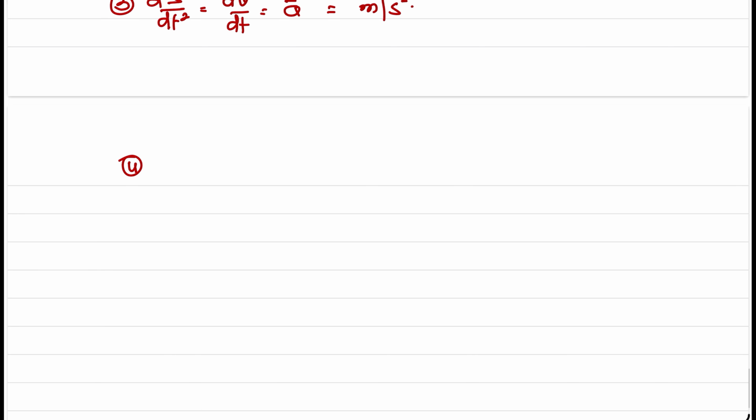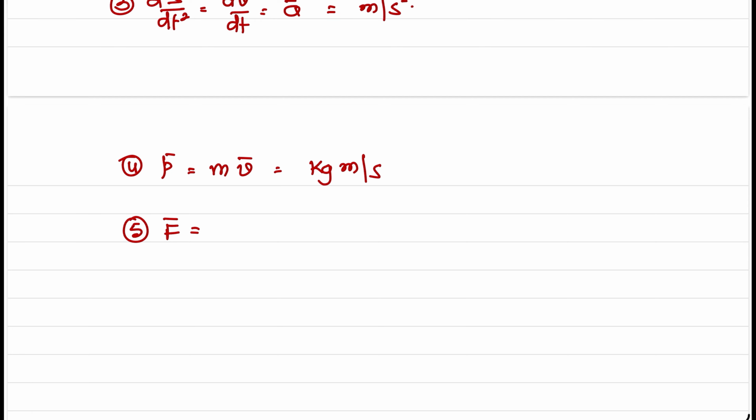Fourth, force, instead momentum we will take. P bar is equal to m into V, that is equal to kg into meter per second.